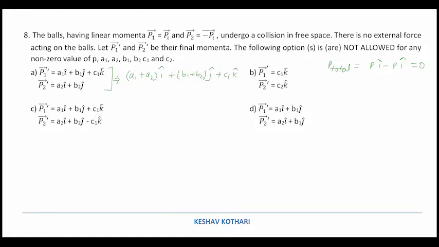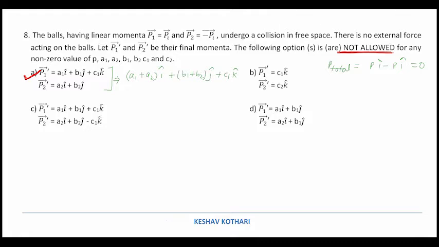Since non-zero values of p, a1, a2, b1, b2, c1, c2 are not allowed, in order to make the final momentum 0, it is necessary that c1 must be 0. And since the non-zero value is not allowed, this particular option holds true for our case, that is for the option where it is saying not allowed. So the first one holds correct in our case.